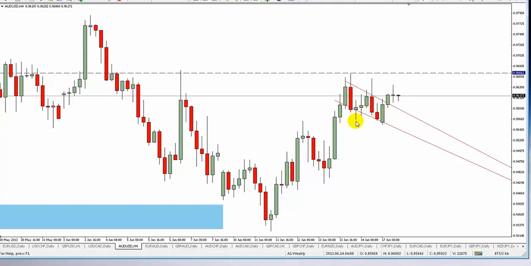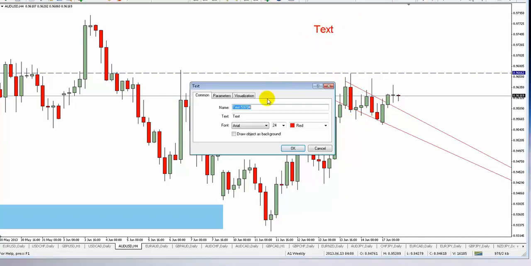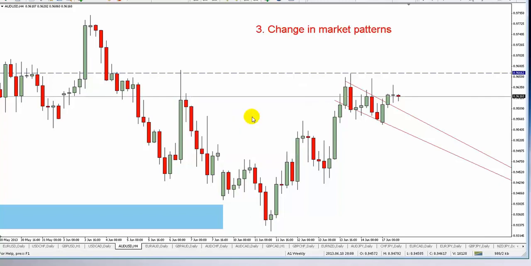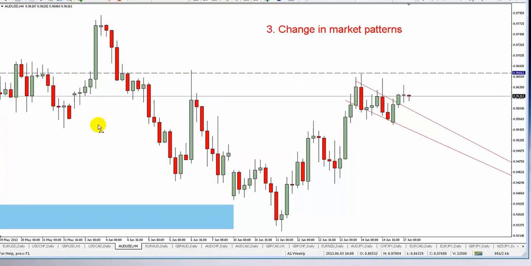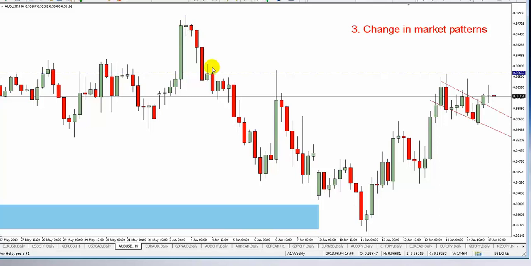So again, what do I call number 3? This is a change in market patterns. So the third way that I know that the end of the trend is a change in market patterns. That's what this is. Whereas before, the strong trending moves were big red candles and the retracement moves were up moves. Now what's happening is the retracement moves are down moves.